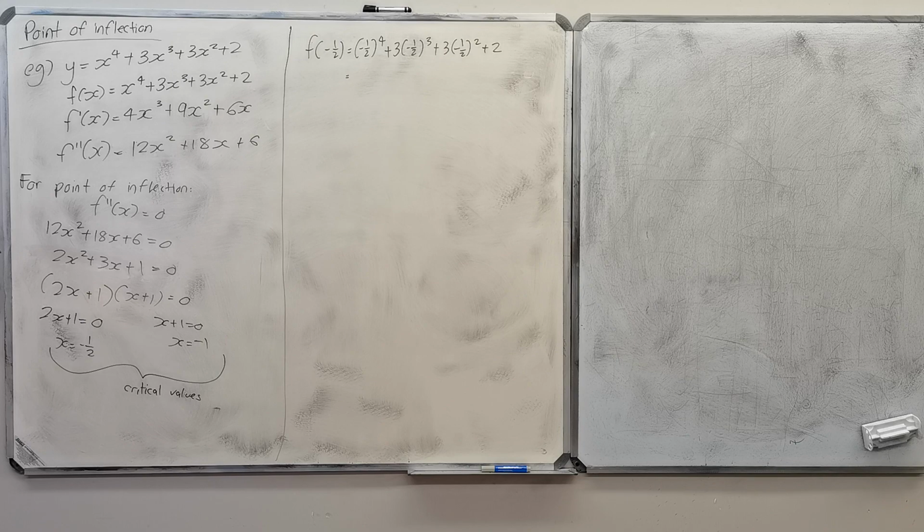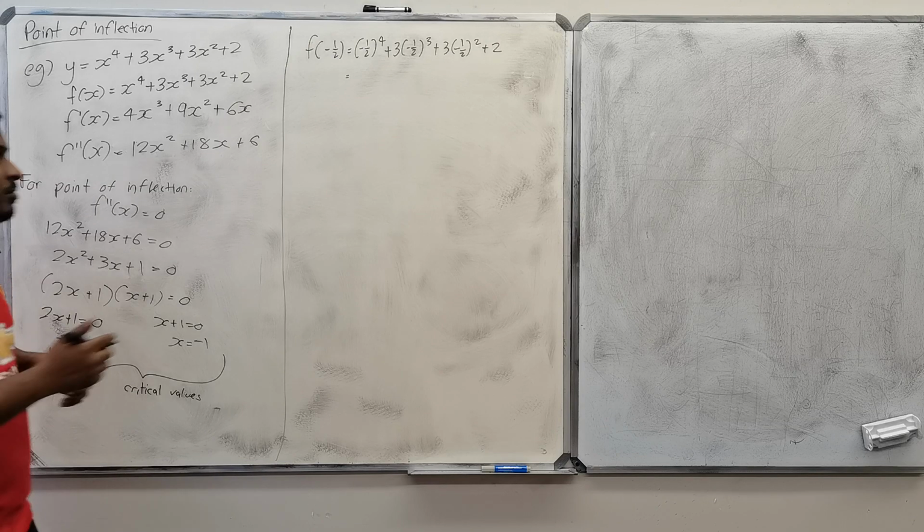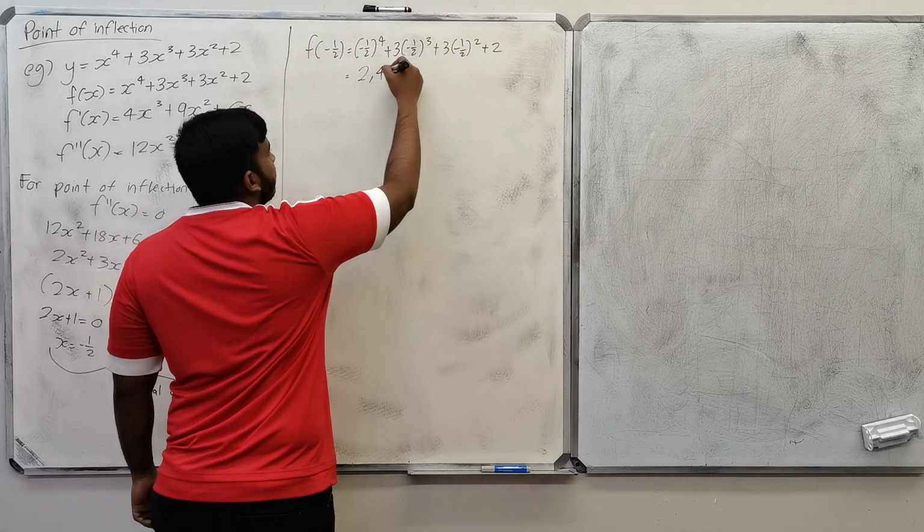It's positive 1 over 16 minus 3 over 8, plus 3 over 4 plus 2. That's 2 over 4.